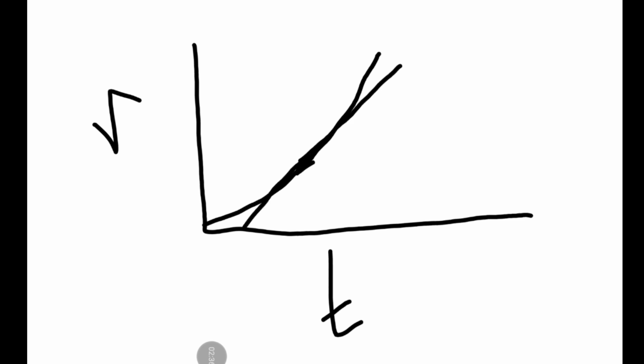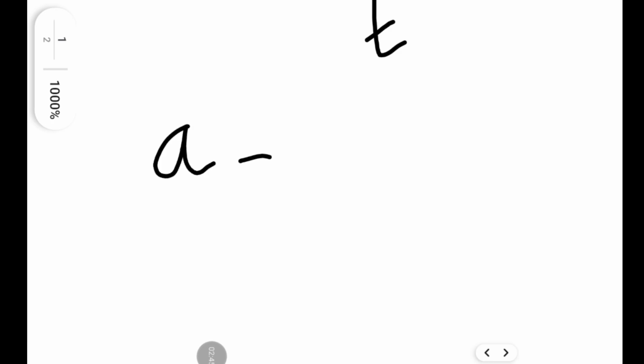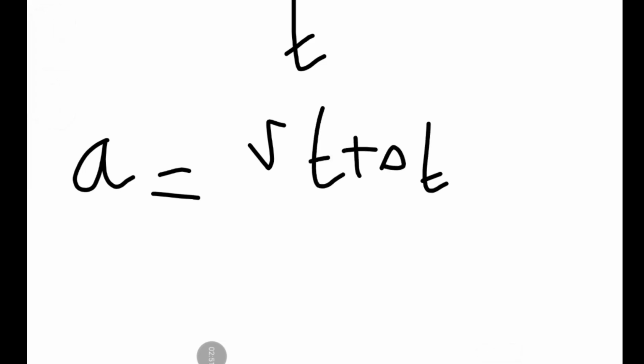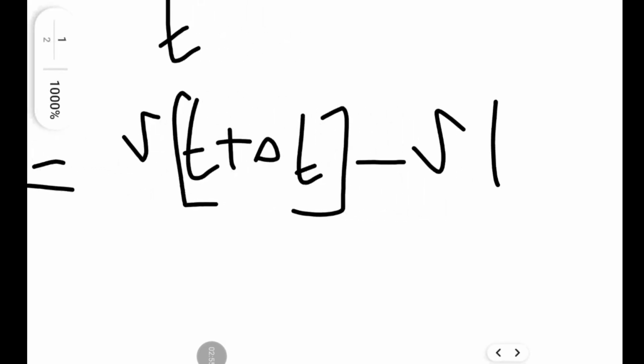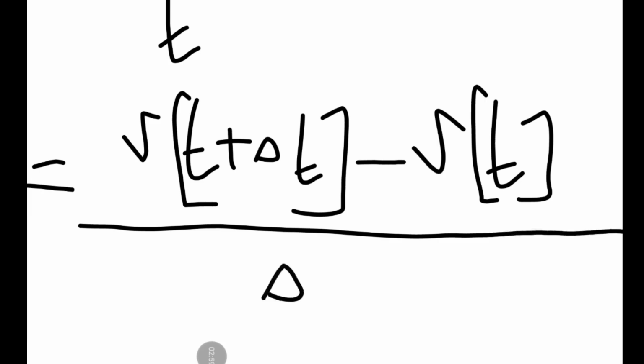Again, you get the tangent, and as a triangle again, it's the same thing. You're therefore going to get a similar thing: acceleration is equal to velocity at time t plus change in t, minus velocity at t, over change in time.